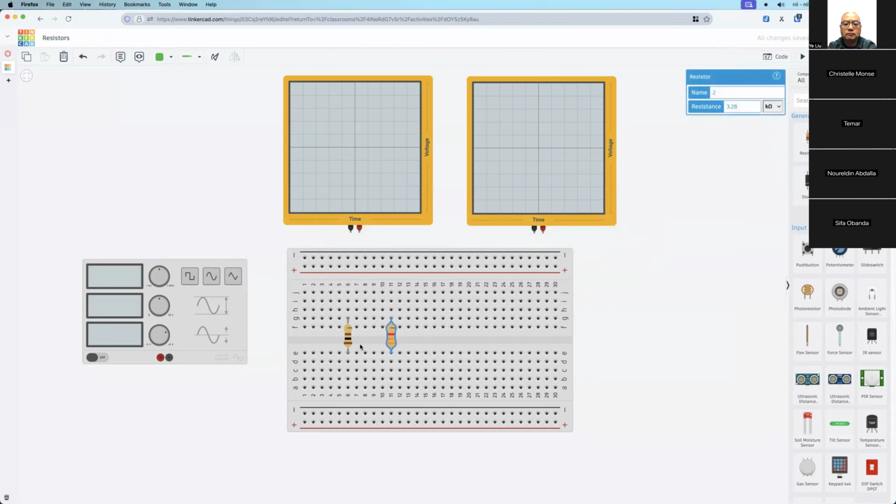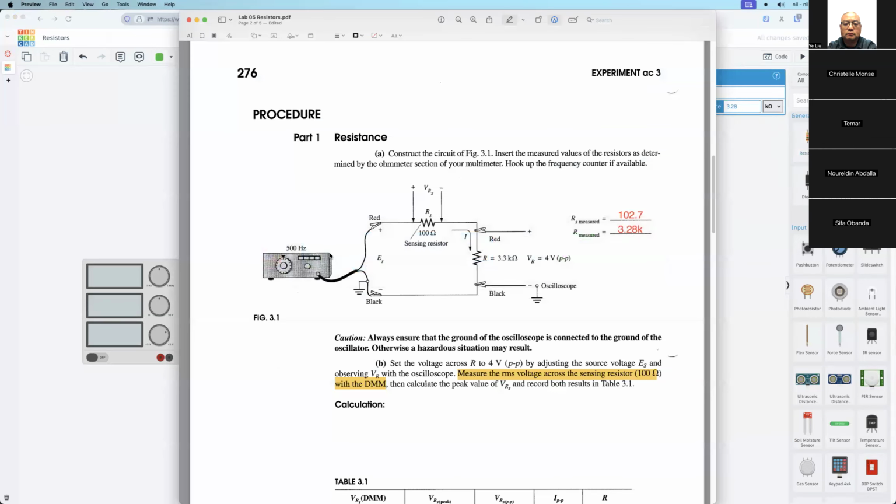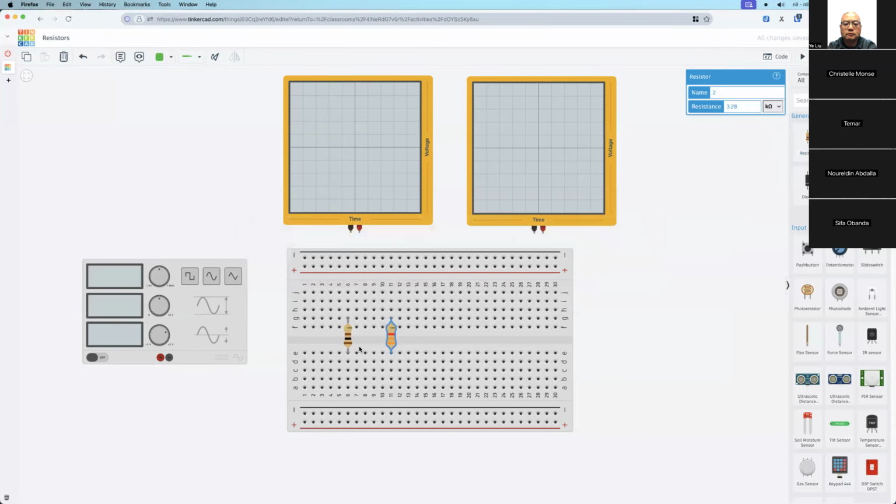Let me check which one. This one is horizontal, so I can rotate this. Let me go down a little bit.